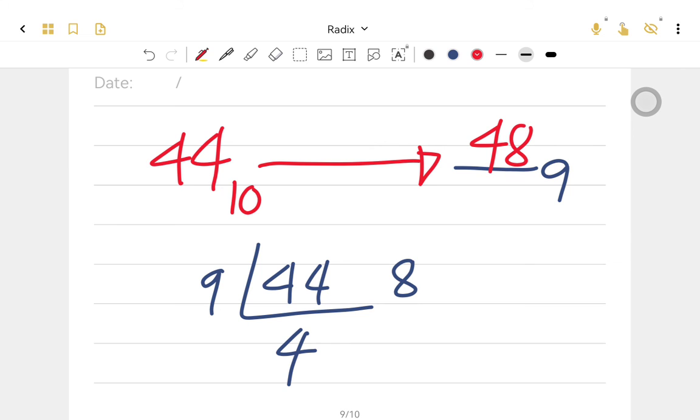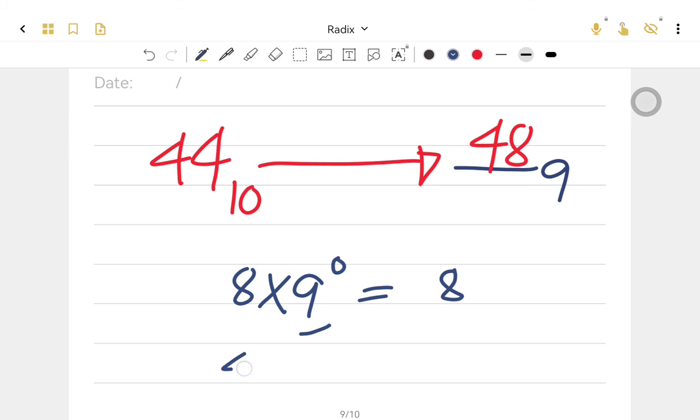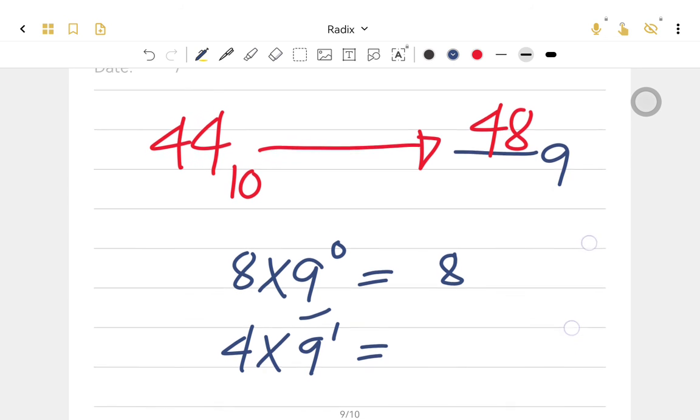To check if our answer is correct, we multiply. We have 8 times 9 to the power of 0. 9 to the power of 0 is 1. Therefore, 1 times 8 is 8. And then 4 times 9 to the power of 1 is the same as 9 times 4.